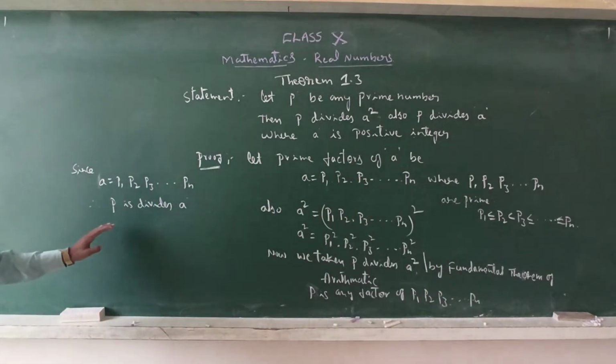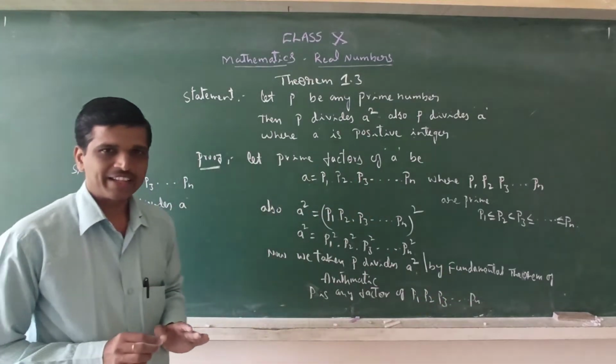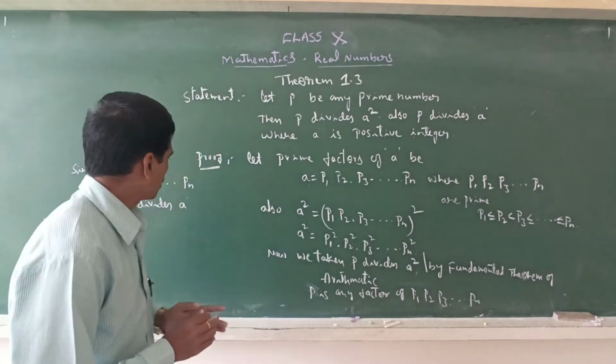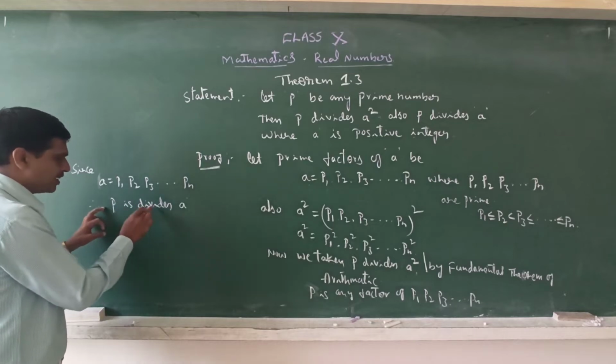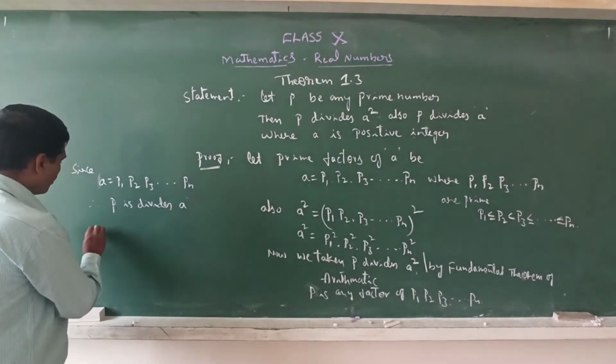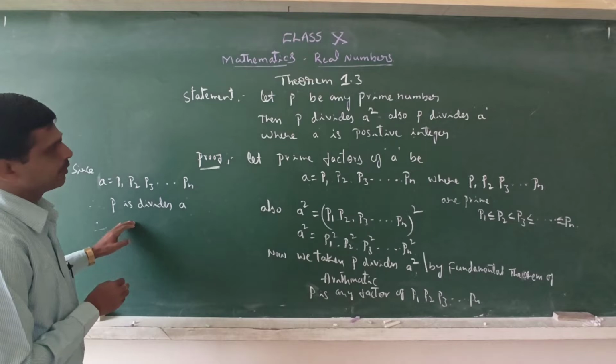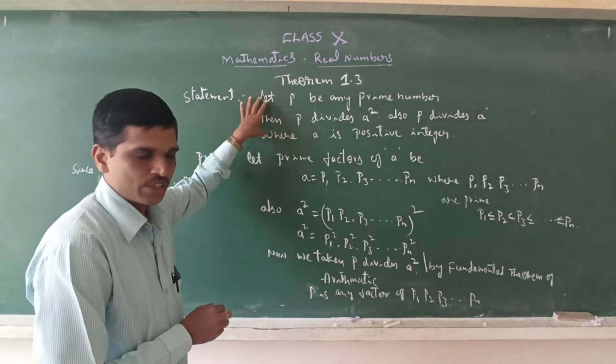So by the uniqueness part of the Fundamental Theorem of Arithmetic, we conclude that P divides a square and also P divides a. Therefore this is the statement we had to prove. So this is one.